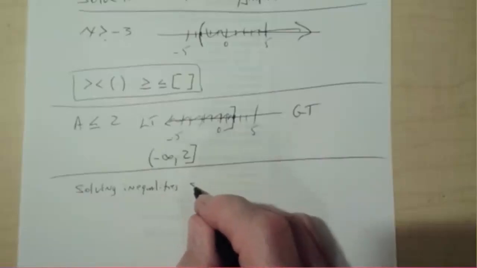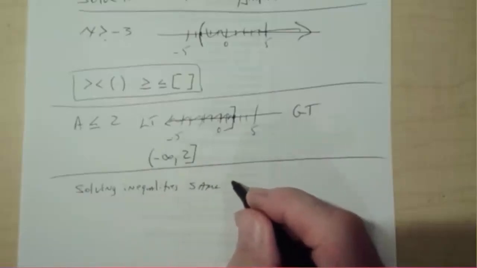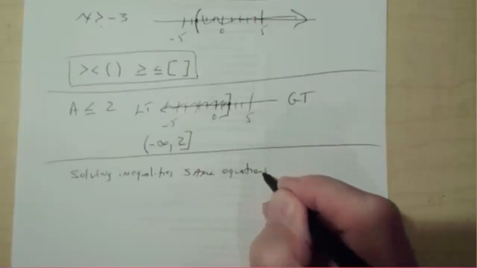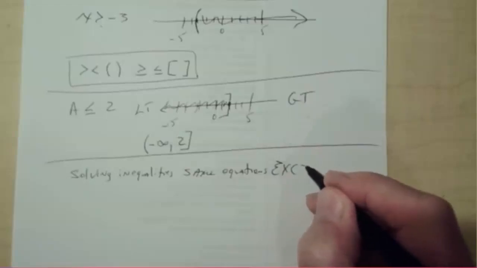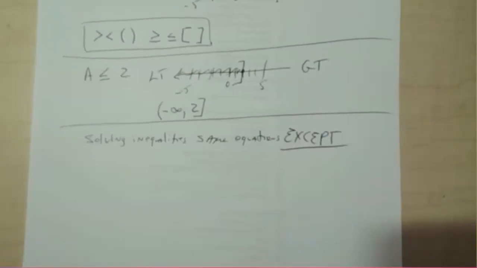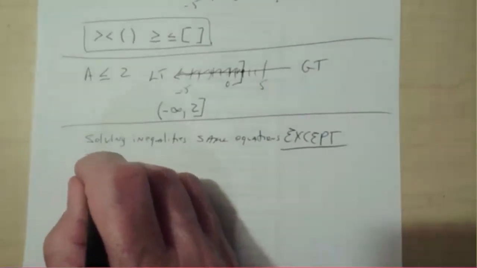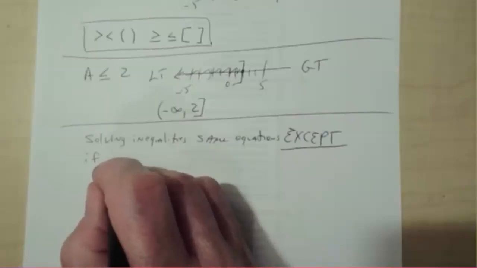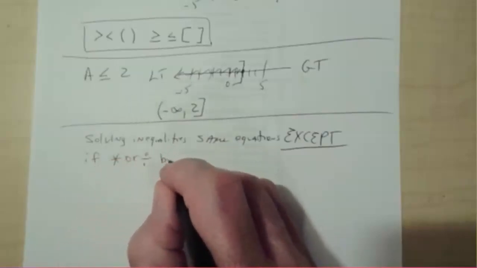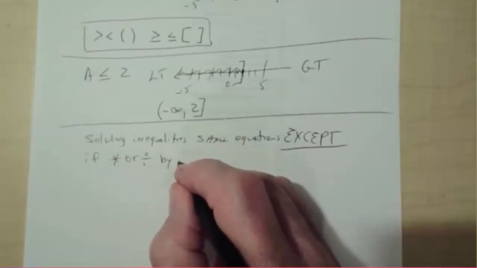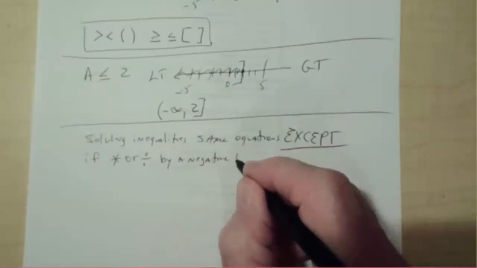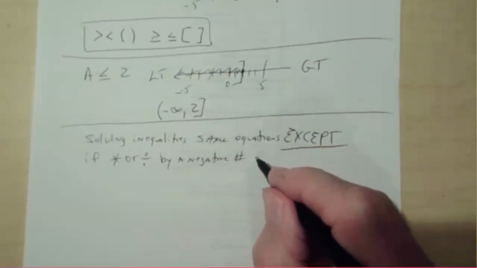Okay. Now, when you solve inequalities, it is the same as equations, except, seems like there's always an exception, doesn't it? Except if you multiply or divide by a negative number, the sign flips.